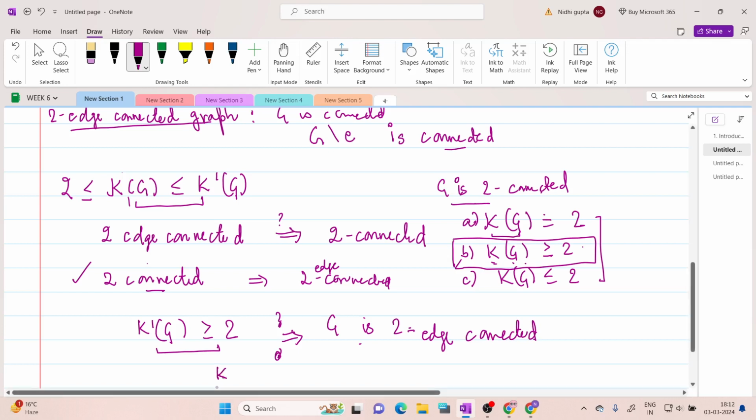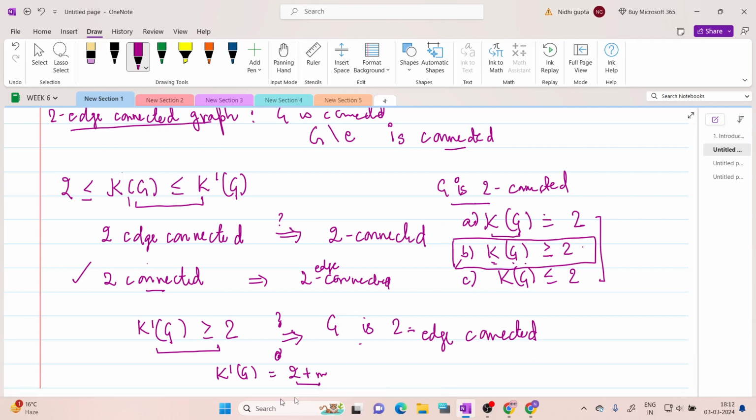Why? Because if it is greater than or equal to 2, that means it is some 2 plus m. So it is saying that if we remove fewer than 2 plus m edges, this graph remains connected. In particular, if we remove just one edge, this graph will remain connected, and therefore we see that two connected graphs are two edge connected graphs using this inequality.